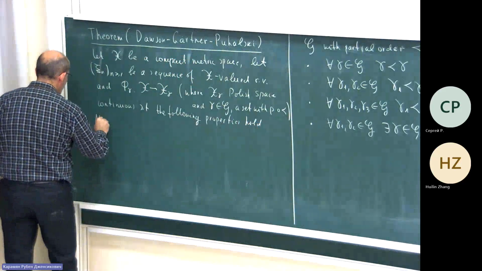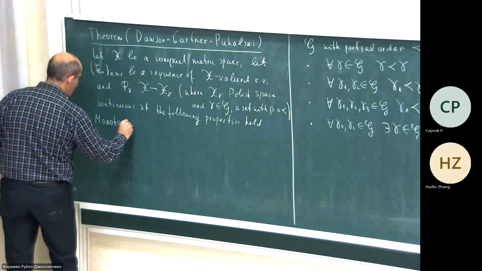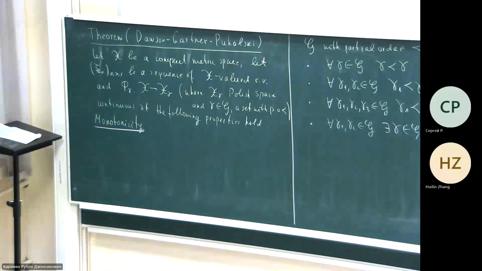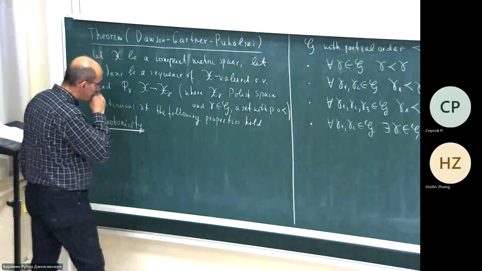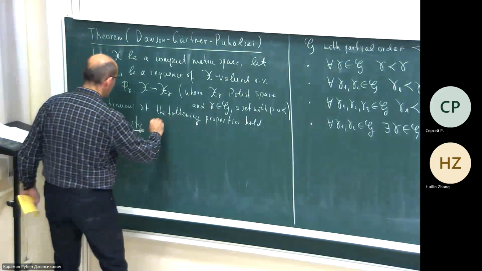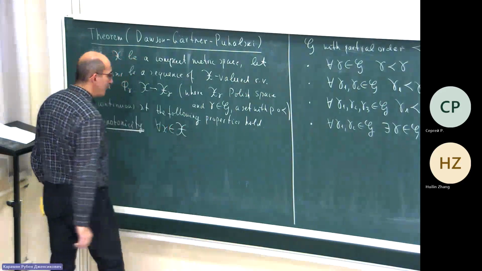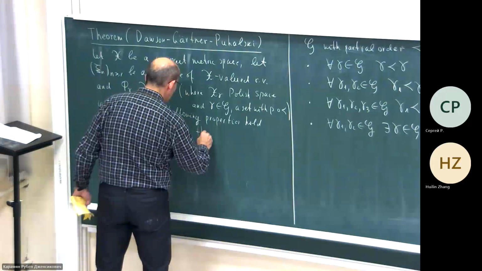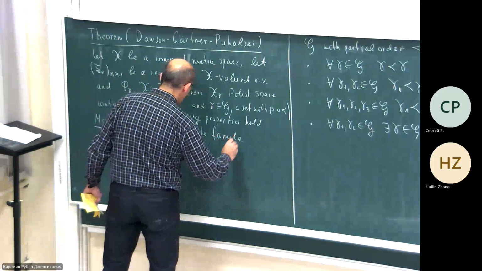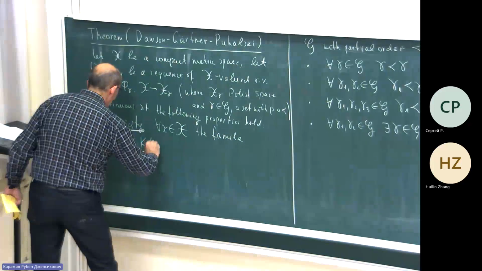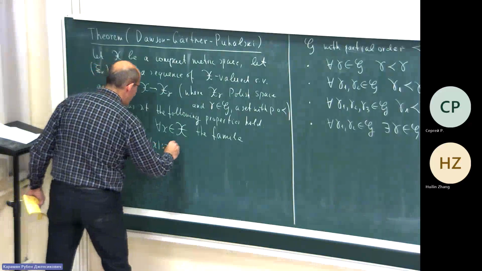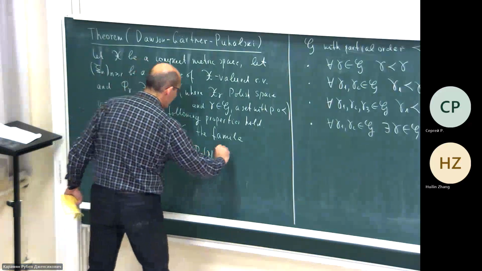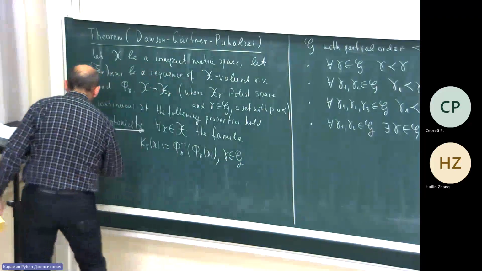The first condition is monotonicity. It says that for any x in X, the family K gamma x, which is by definition phi gamma inverse of phi gamma x, is decreasing.